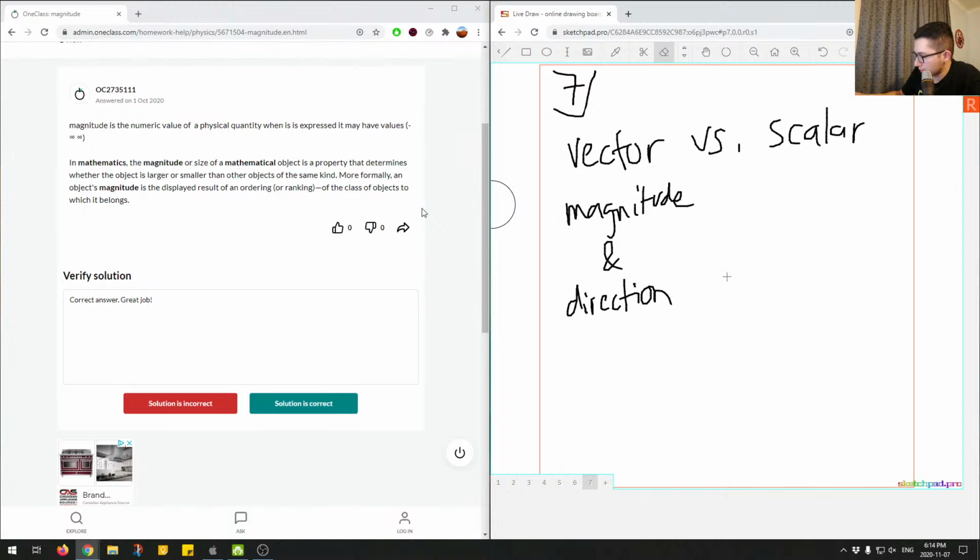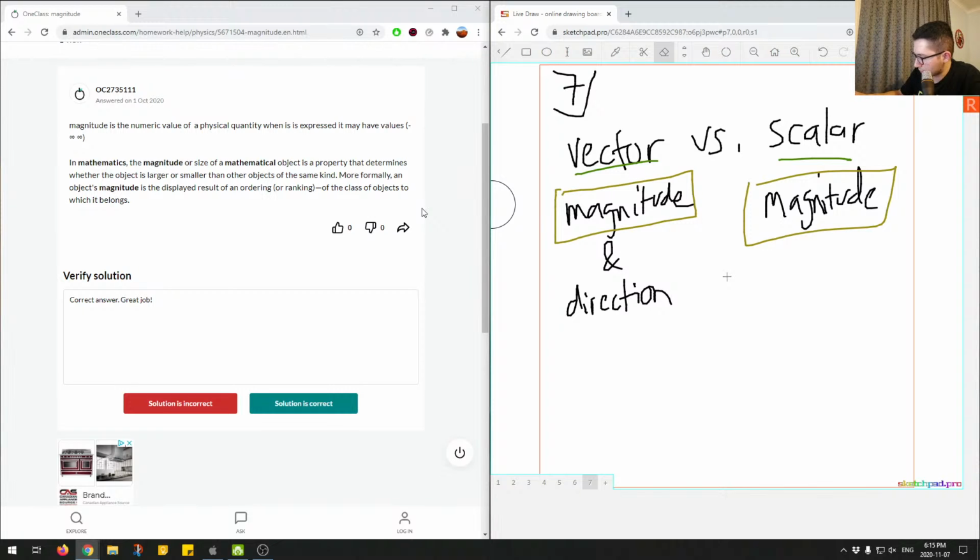So you have vector and scalar, and for scalar it only has magnitude. So what does this mean here? I'll use a different color. So magnitude and magnitude, but direction is separate, its own thing.